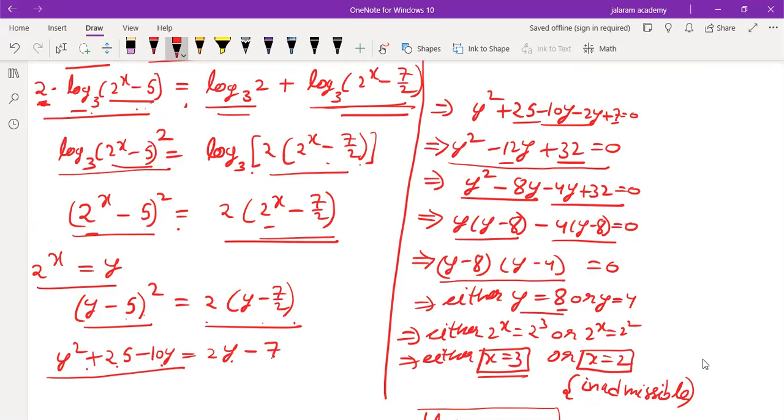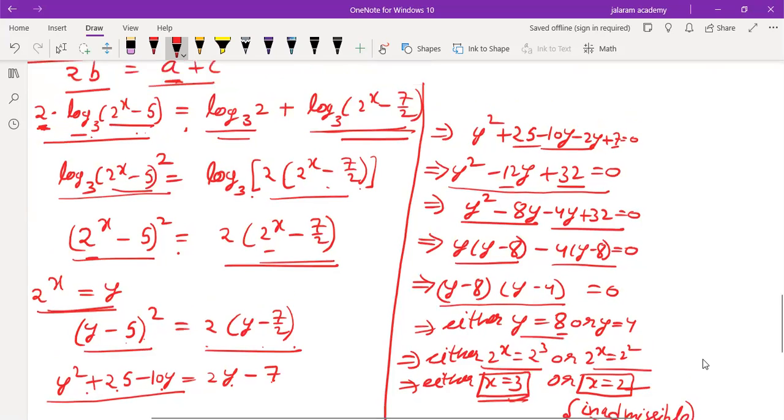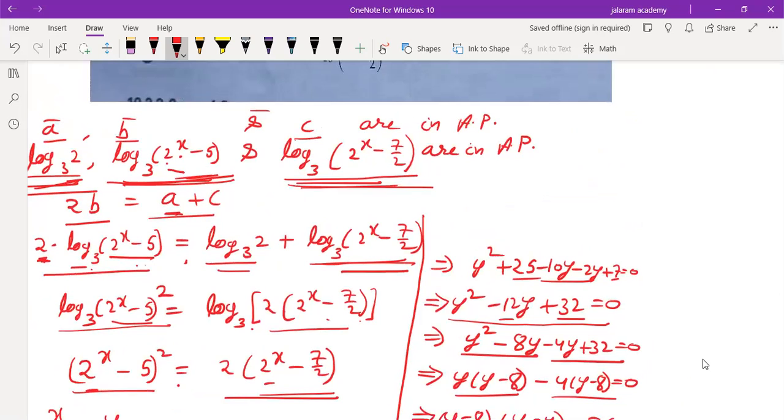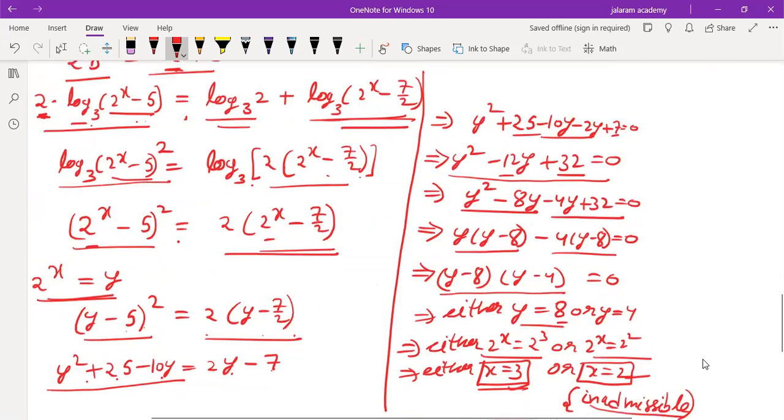So either y equals 8, and y we have taken as 2 to the power x. So 2 to the power x equals 2 cube, which makes x equals 3. Or 2 to the power x equals 2 square, which makes x equals 2. But this 2 is inadmissible. Why? As it makes 2 to the power x minus 5 equal to 2 square minus 5, that is 4 minus 5, and log of minus 1 is not defined.